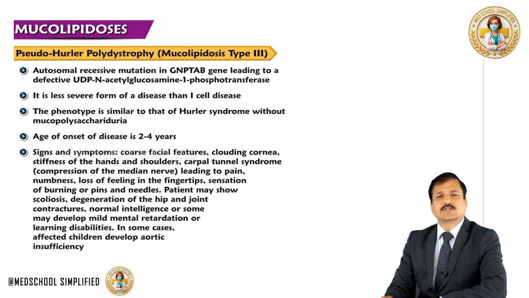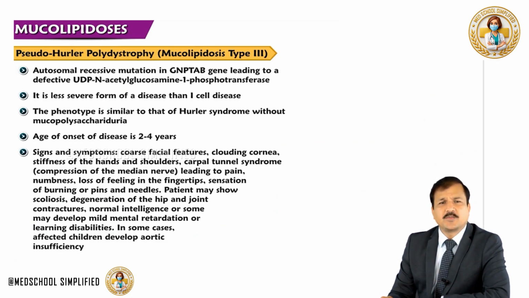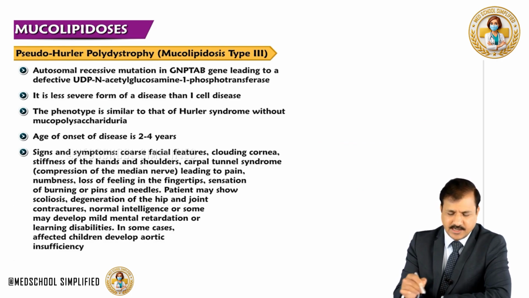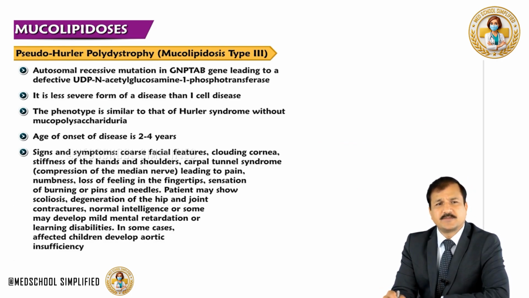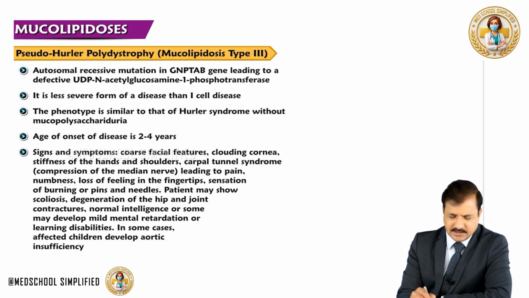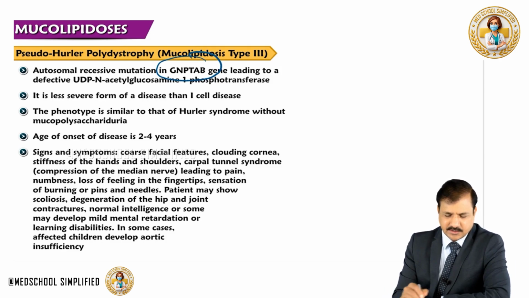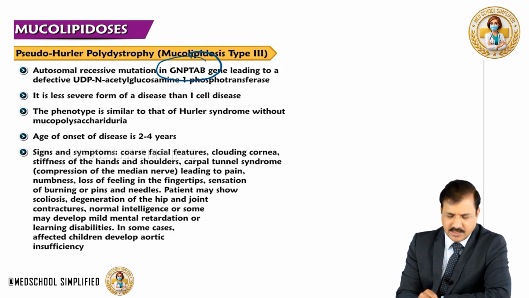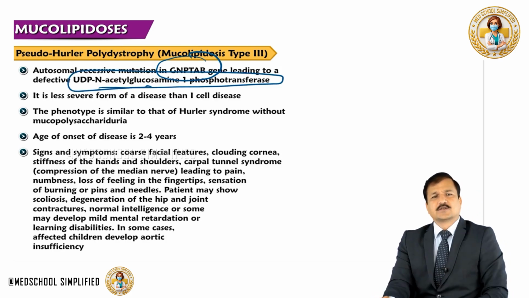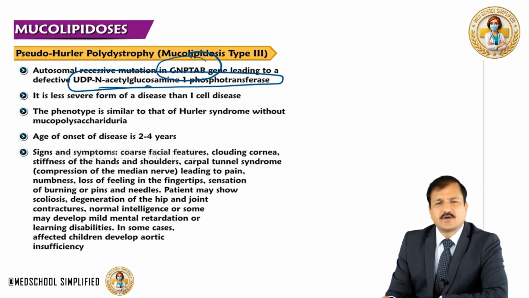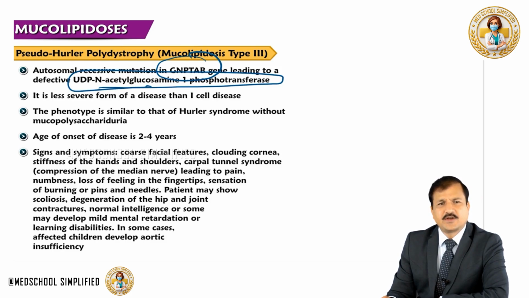Coming to our next disorder, pseudo-Hurler polydystrophy, which is referred to as mucolipidosis type 3. It is because of an autosomal recessive mutation in the GNPTAB gene, leading to UDP-N-acetylglucosamine 1-phosphotransferase enzyme deficiency. So, it is a less severe form of I-cell disease. The phenotype is similar to Hurler syndrome but without mucopolysacchariduria.